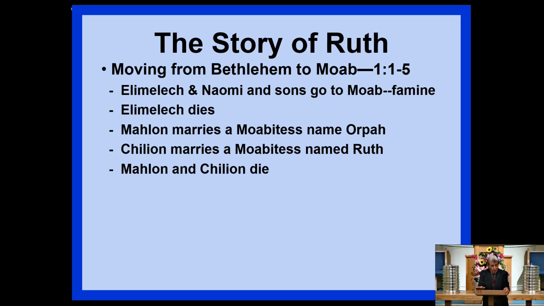How much more wretched could your life become? In fact, a little bit later in this chapter, in the closing verses, she says, "Don't call me Naomi." You know what Naomi means? Pleasant. "Call me Mara, because God has brought bitterness into my life."